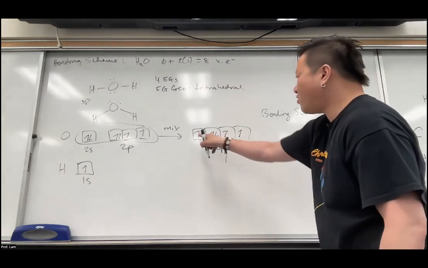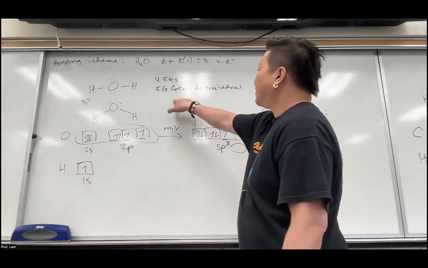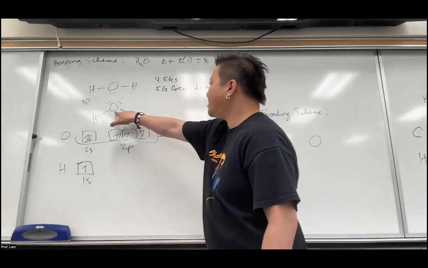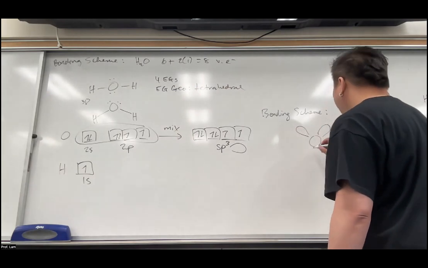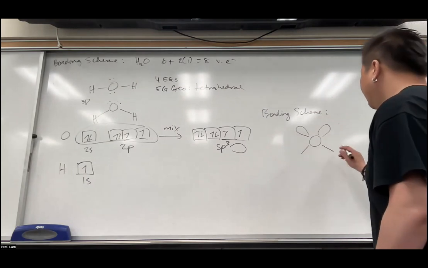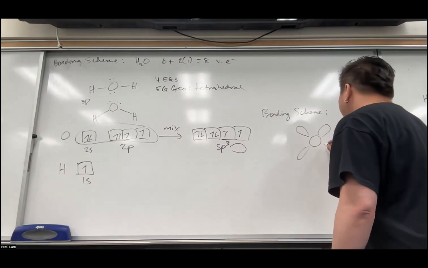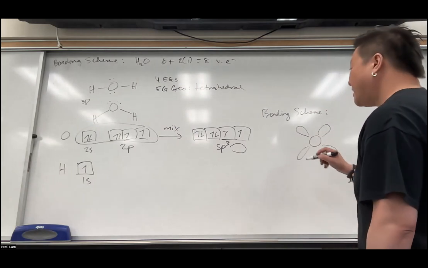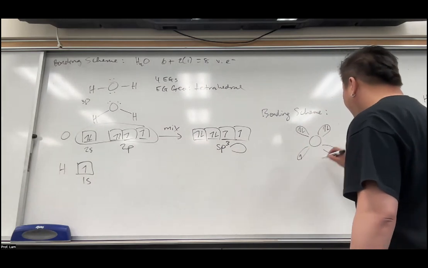I need to draw 4 of these. How should I draw it around oxygen? We could do this, right? Okay, and sorry, not bonds, like this. Okay. And 2 lone pairs, singles here.